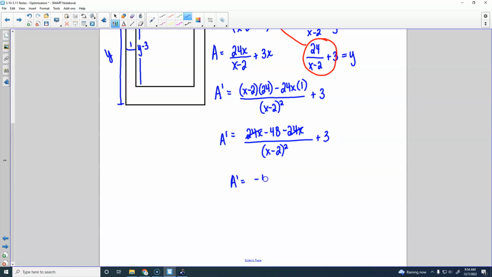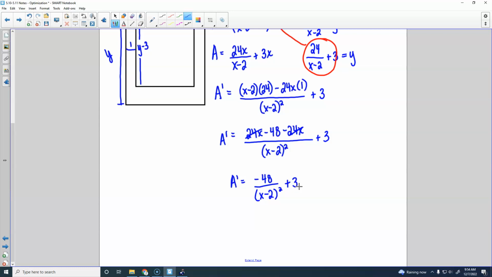And we get negative 48 over (x minus 2) squared, plus 3. And you want to know where this equals 0 or is undefined.